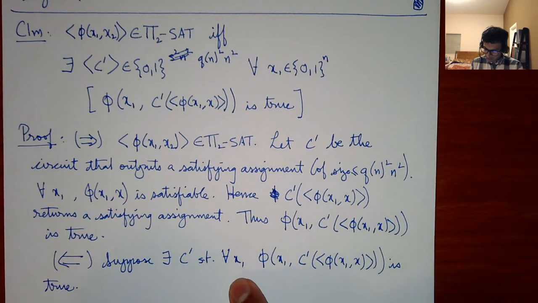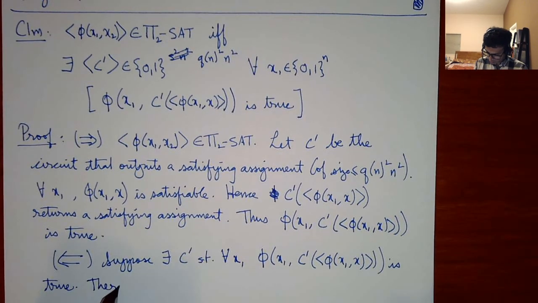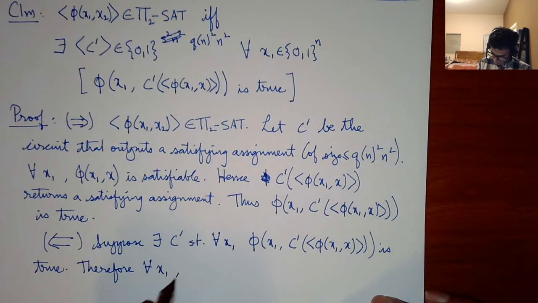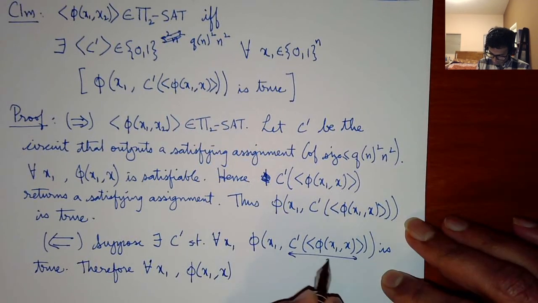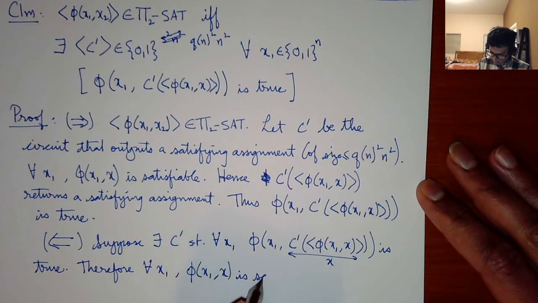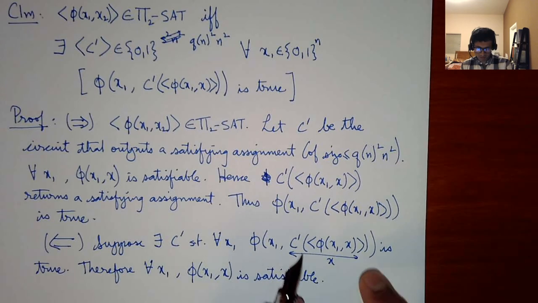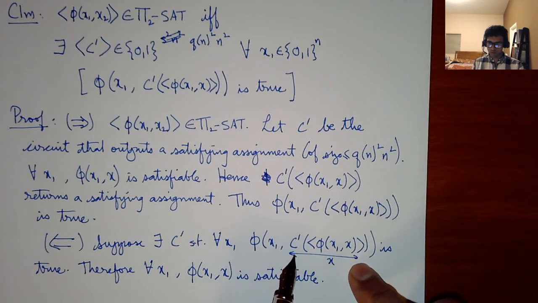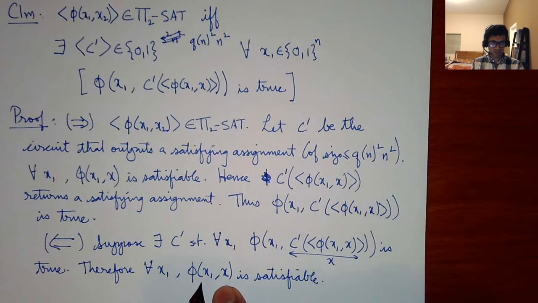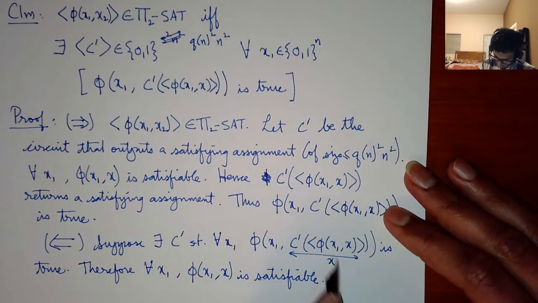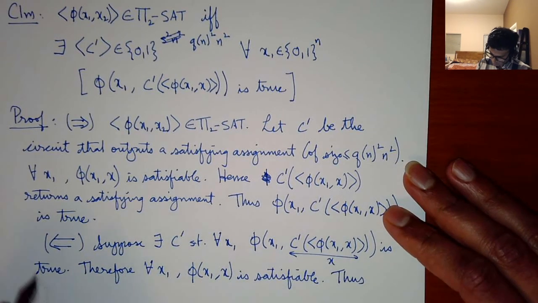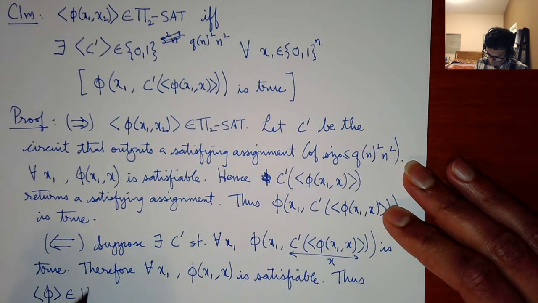What's important is that this means, therefore, for all x1, phi of x1, x, where this is your x, is satisfiable. Because there is a circuit that provides some input that makes it true, so therefore phi of x1, x is satisfiable just by definition. Thus, phi is in pi 2 sat.